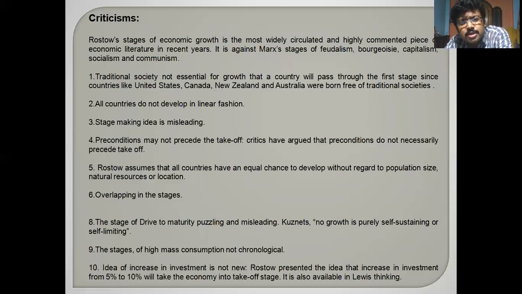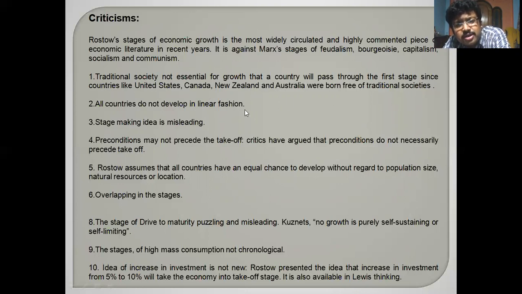The traditional society is not essential for growth, and a country need not pass through the first stage, since countries like the United States, Canada, New Zealand, and Australia were born free of traditional society. This is one of the important criticisms. In Rostow's model, there is always importance of traditional society, but in practice you can find no importance of traditional society in such countries as the United States and Canada.